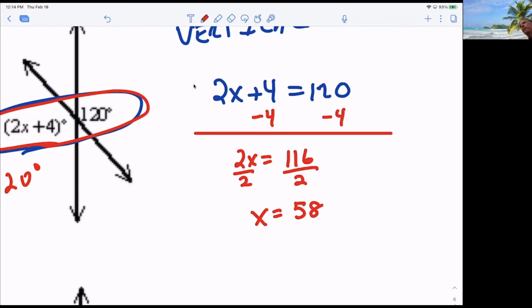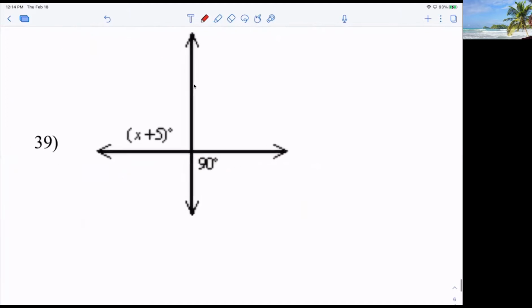What's 120 minus 4? How much? You sure? Yeah. Okay. All right.